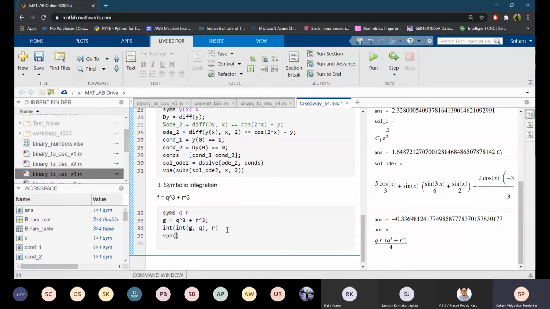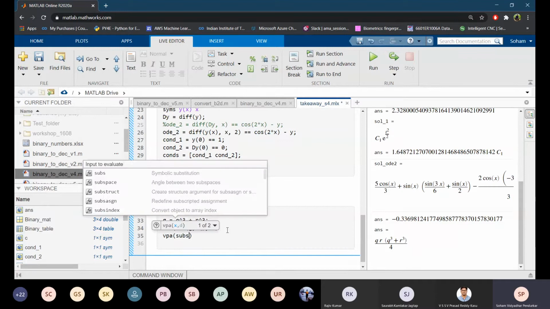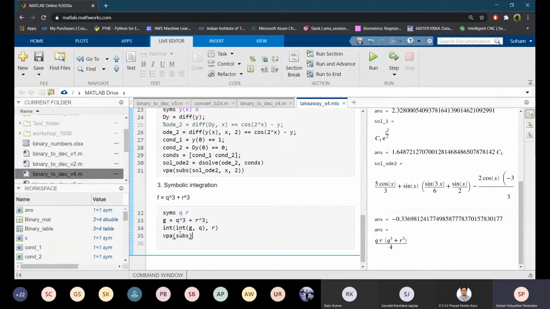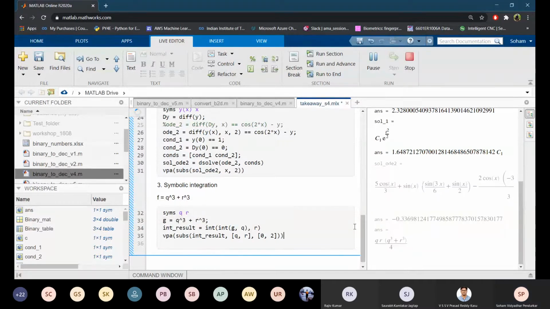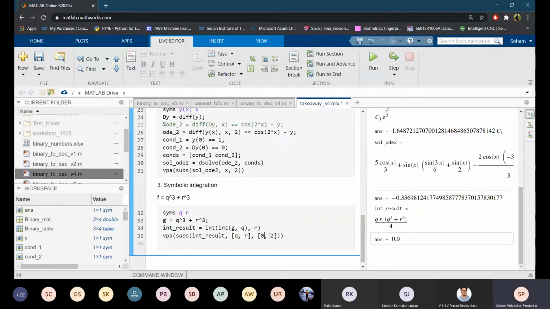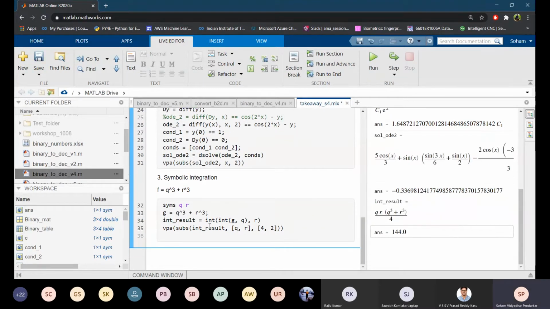Now we'll use VPA substitution. I'll put this into a variable, int result, and substitute into int result the values of q comma r as 0 comma 2. Okay, so this is how we get double integration.